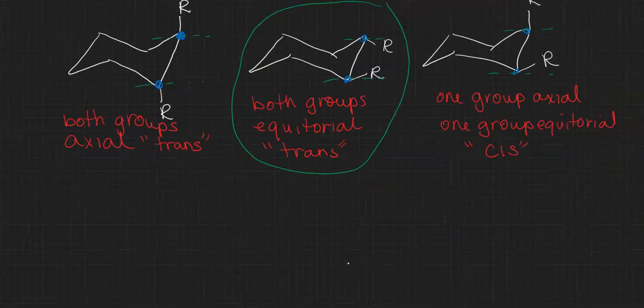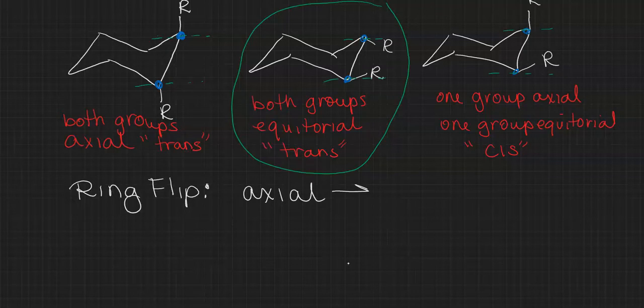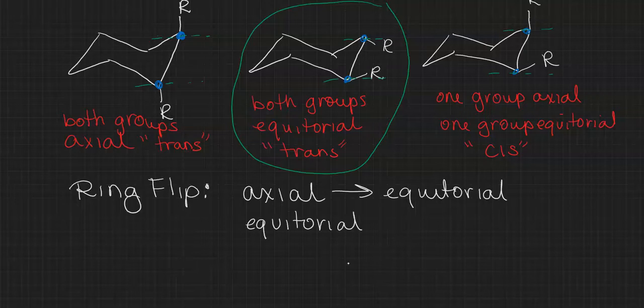Please keep in mind that in doing a ring flip, an axial group will become equatorial and an equatorial group will become axial.